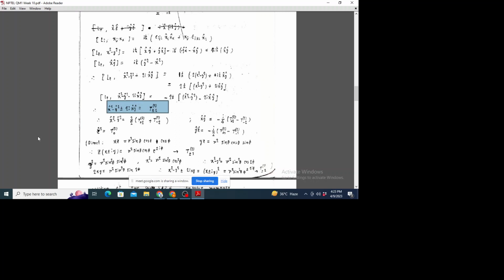That means x square minus y square plus minus 2i xy will be e to the power plus minus 2i phi, and that means their q value will be plus minus 2, as we have found here using these lengthy commutation relations. So this is the trick to quickly reach the answer. So this concludes the discussion on this question. If you have any doubt, please ask.